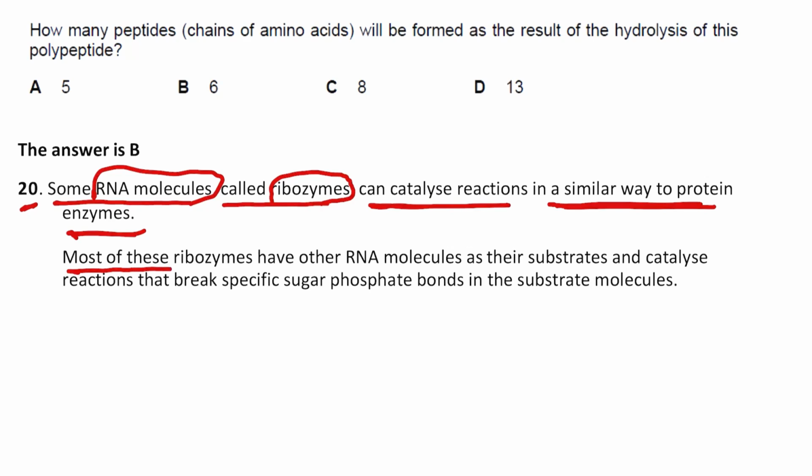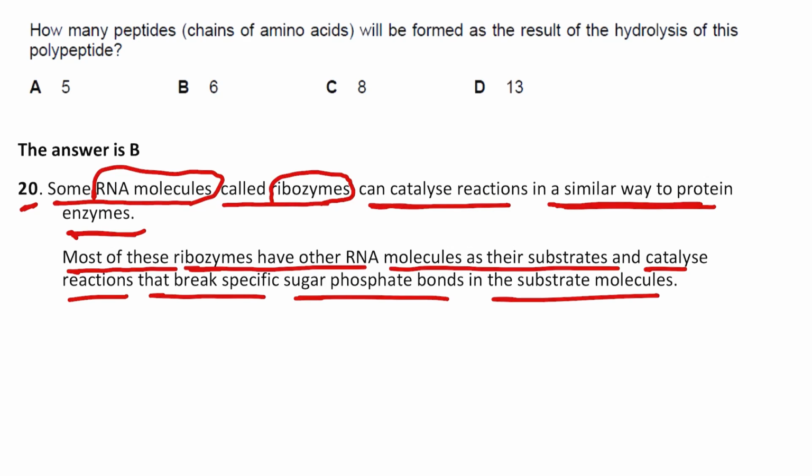Most of these ribozymes have other RNA molecules as their substrates and catalyze reactions that break specific sugar phosphate bonds in the substrate molecule. So what they're saying is that ribozymes are the enzymes that can have RNA as their substrates, right? And ribozymes can break down these RNA molecules by breaking down specific sugar phosphate bonds.